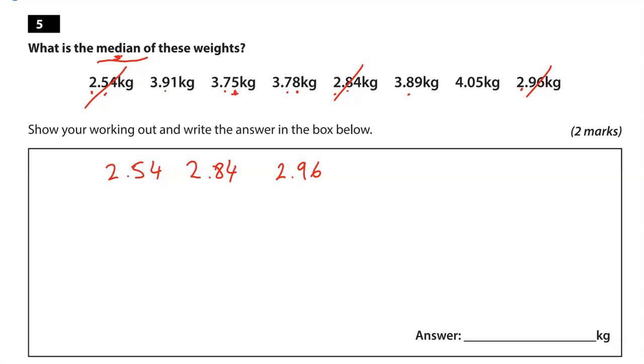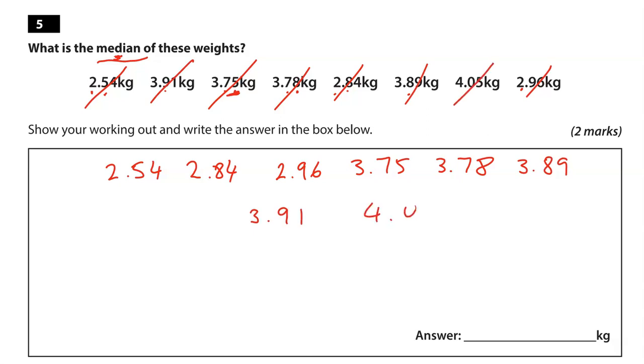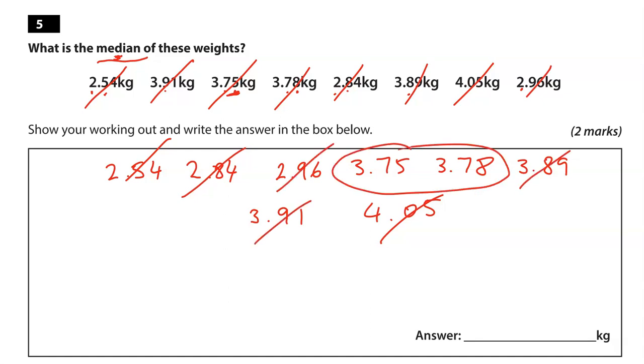So that tells me this is lower, so 3.75, then 3.78, then 3.89, then 3.91, and finally 4.05.